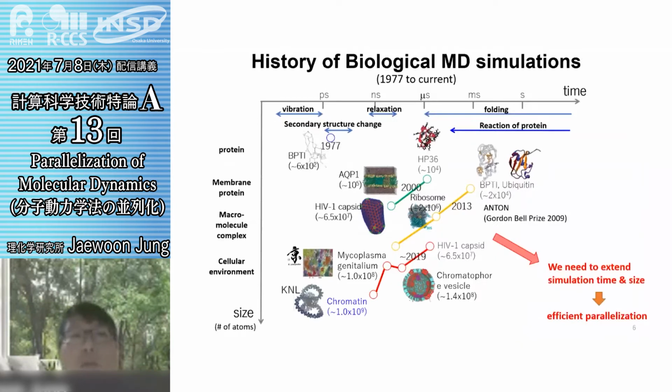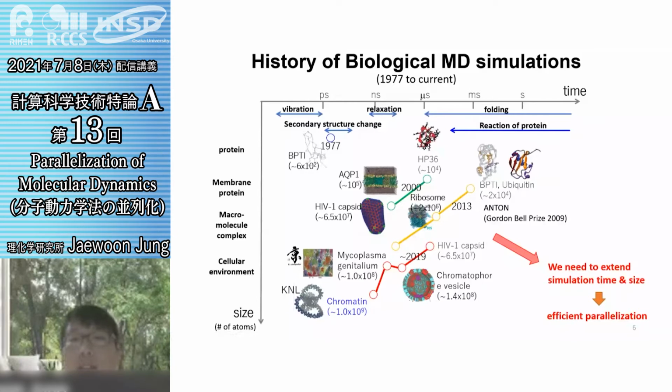So this is the history of biological MD simulations until now. The first biological MD simulation was done in 1977. At the time, there were no water molecules. They performed only a very small protein simulation named BPTI. The timescale and target system size have increased according to hardware and software development.